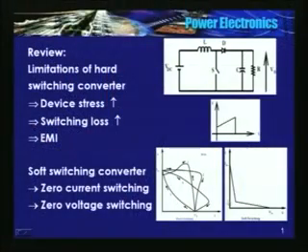There are two types of soft switch converter. What are they? One is zero current switching, and another one is zero voltage switching. Before showing this figure, I will just explain this graph. I had explained this to you in my previous lecture.